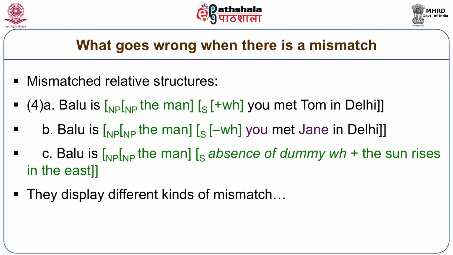That is sufficient for a case where minus WH has been generated in the tree. It is not sufficient if the derivation started with the deep structure Balu is the man, you met Jane in Delhi. But as you will learn when you look more closely at the structure of the clause, there is a complementizer node under which the minus WH is generated, and that place has to be filled by something, at least a delta.